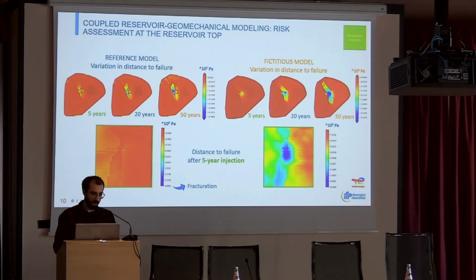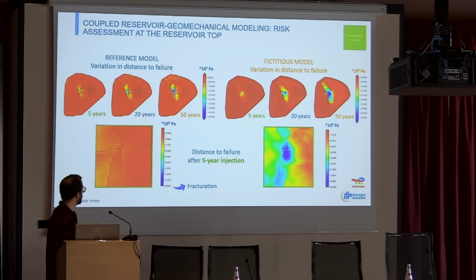Now, if we look at the variation of distance to failure with the reference case and the alternative scenario, what we can see after 5 years of injection is that we're really far from failure in this case, and we're really close to failure in this case, in the center, close to the well in fact.